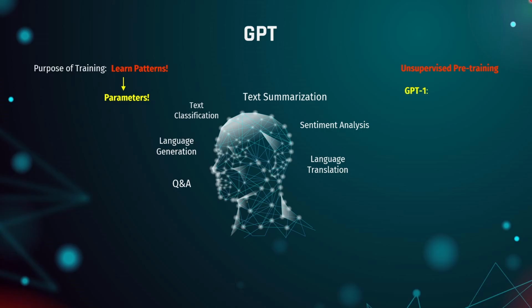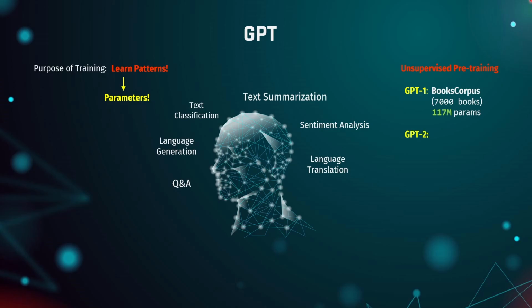So the GPT-1 model, which was basically the first generation of GPT, was trained on the BooksCorpus dataset, which had some 7,000 unpublished books, which helped training the language model on unseen data. GPT-1 had 117 million parameters to identify patterns.